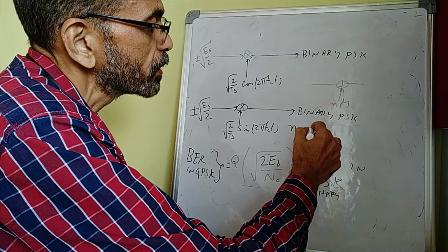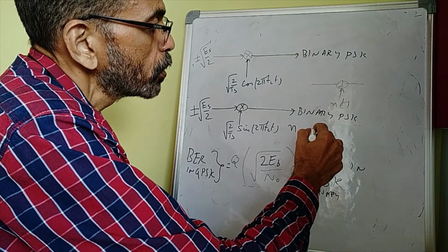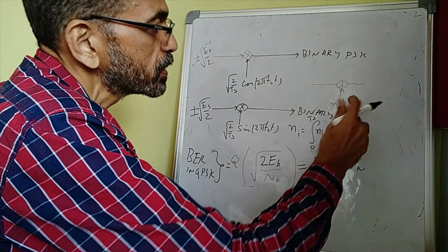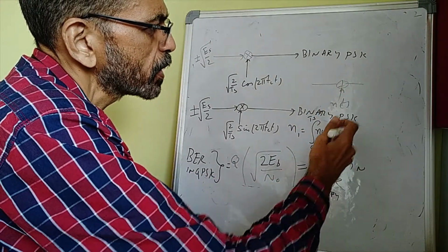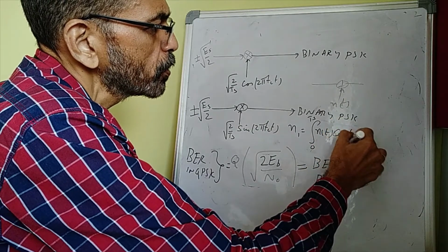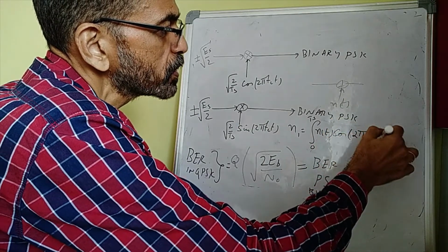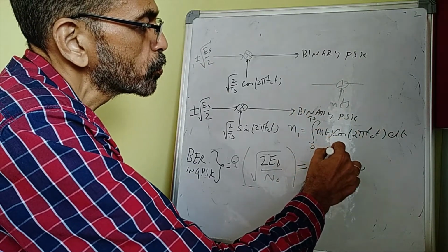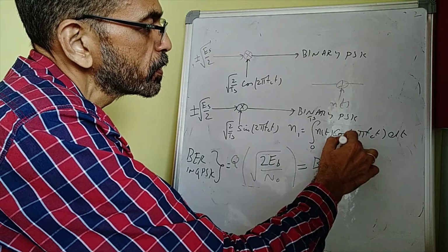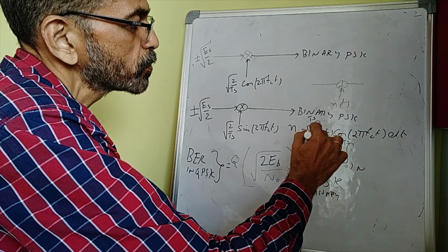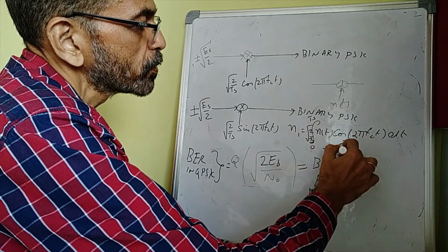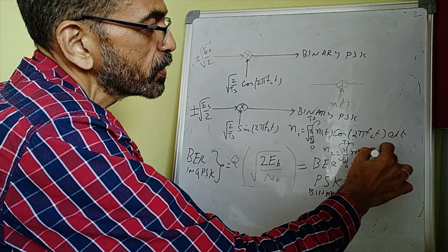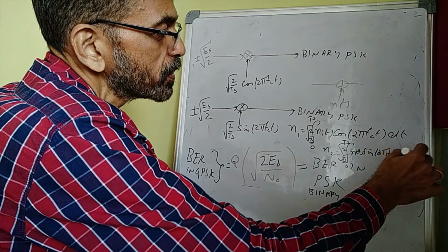N1 is obtained as the integral from 0 to Ts of n(t), the sample function of noise which gets added, times cos 2 pi fct dt, and N2 is obtained by the integral from 0 to Ts, of course I have to normalize this, root of 2 by Ts, root of 2 by Ts n(t) sine 2 pi fct dt.